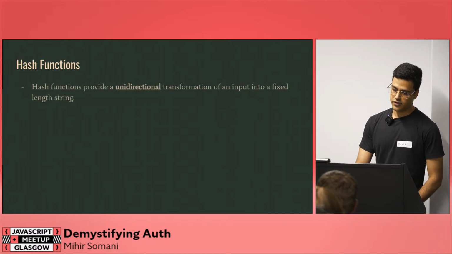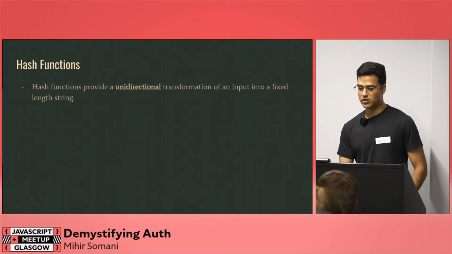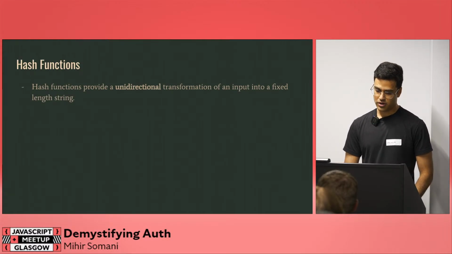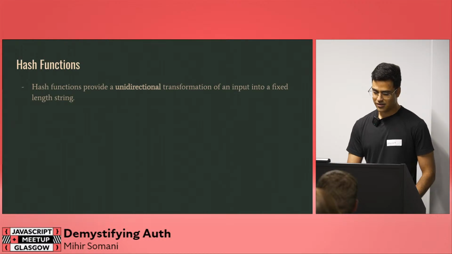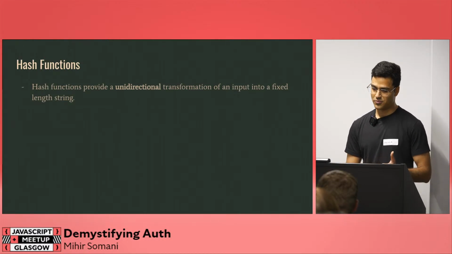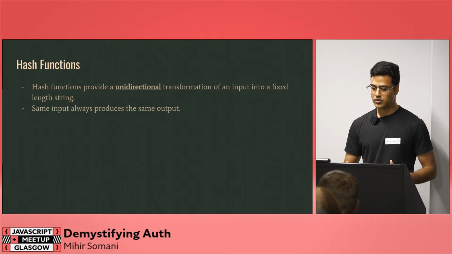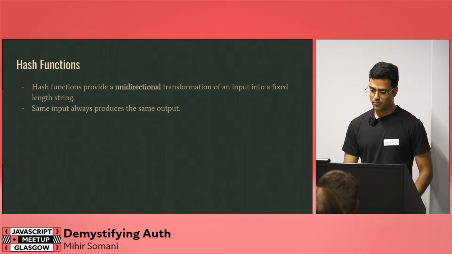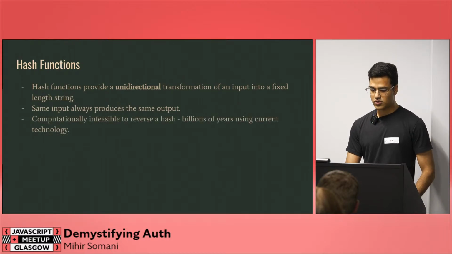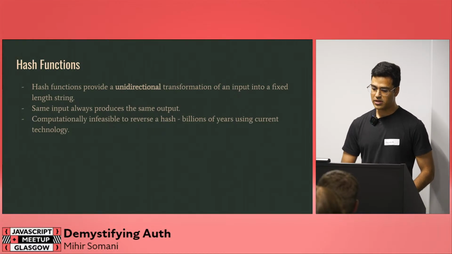Hash functions are functions that provide a unidirectional transformation of an input into a fixed length string. There's a lot to this definition, so I'll try to break it down. Same input always produces the same output. That's property one of a hash function. It's also computationally infeasible to reverse a hash, billions of years using current technology.